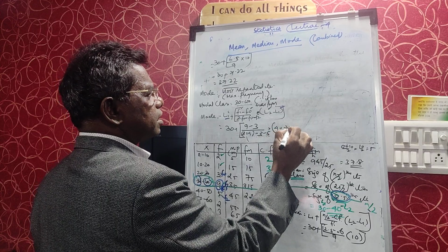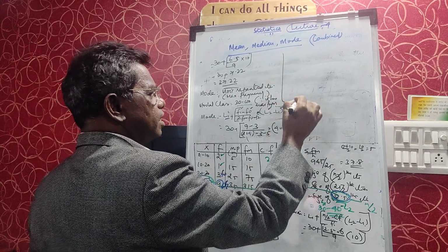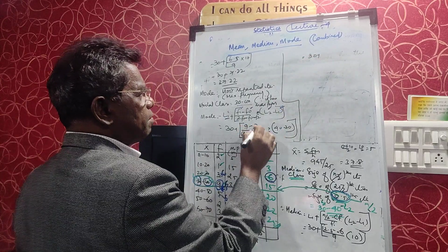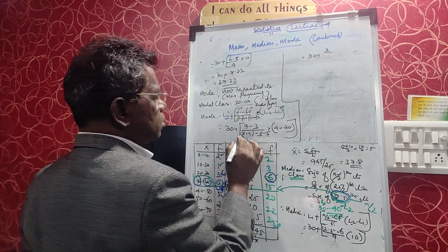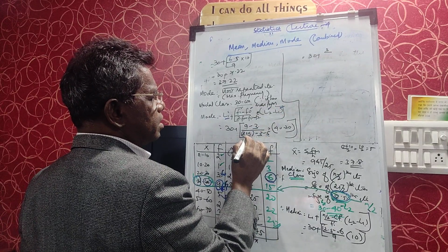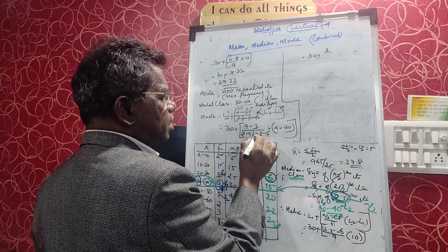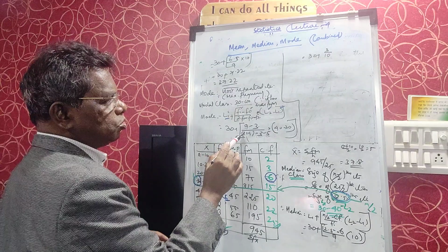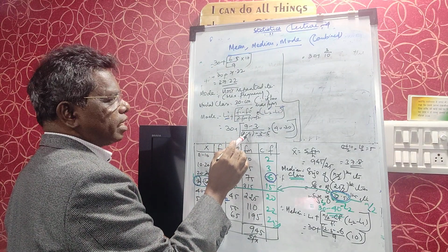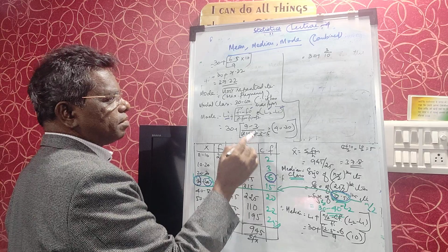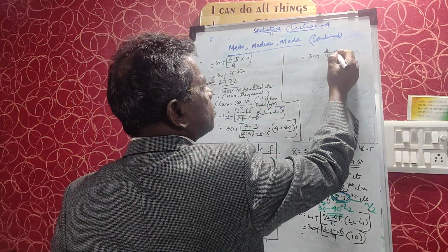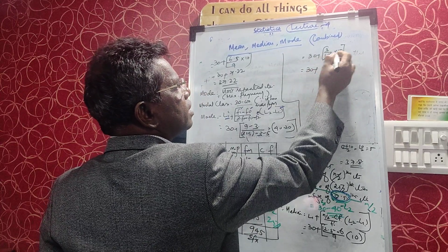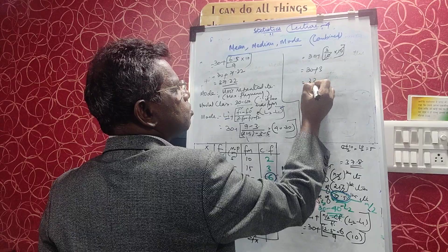So it is 30 plus 9 minus 3, which is 6, upon 2 into 9, 18, 18 minus 3 is 15, 15 minus 5 is 10, into 10. So that is 30 plus 6 upon 10 into 10, the 10s cancel, so the mode is 36.